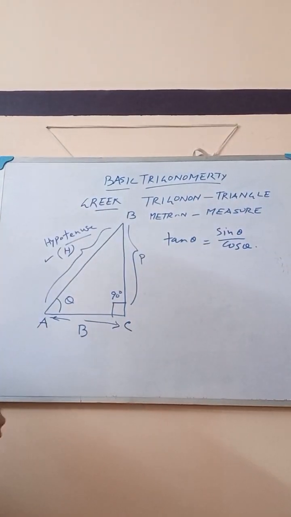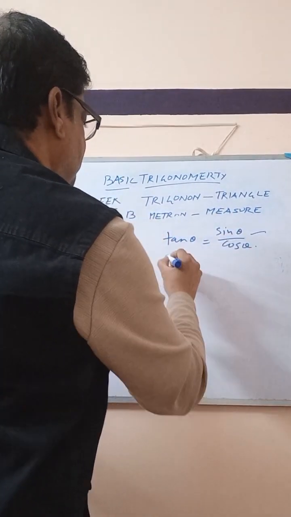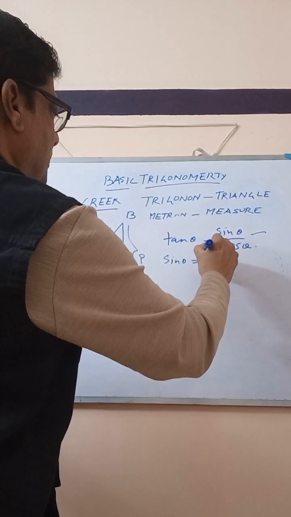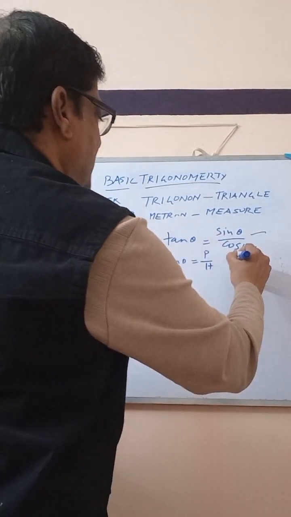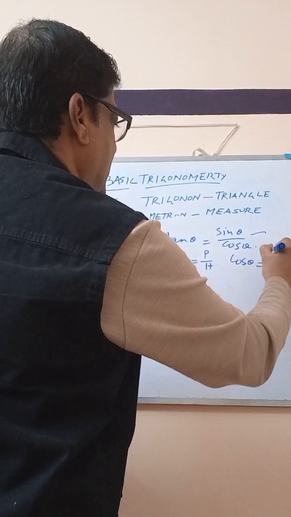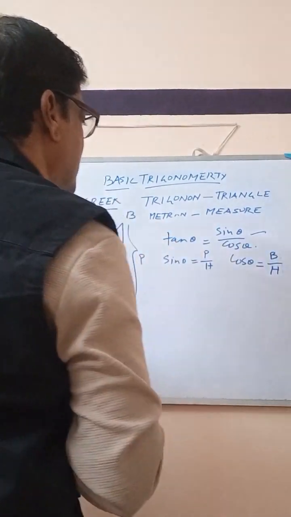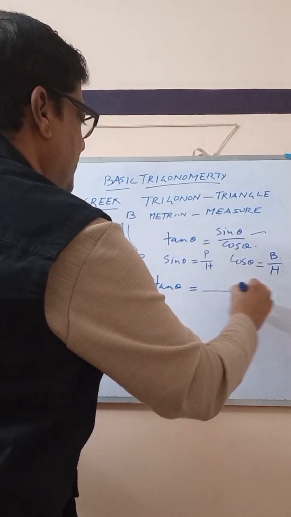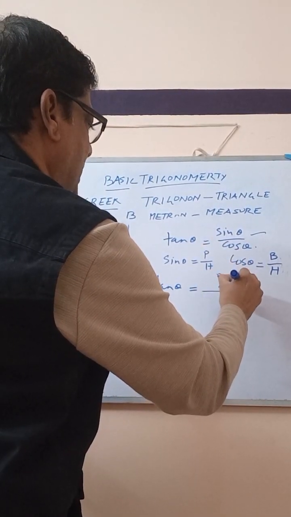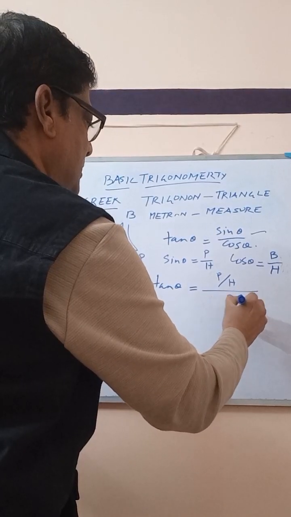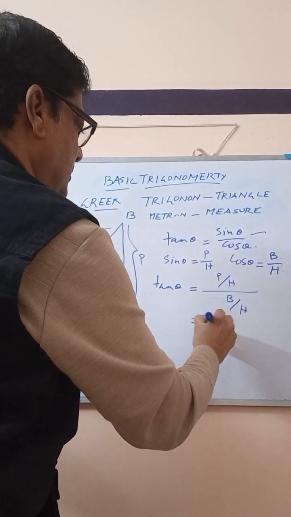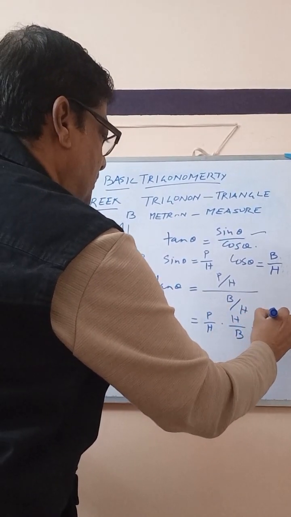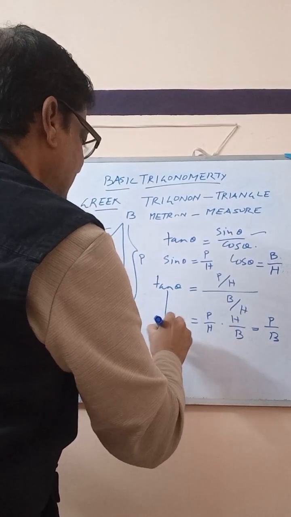Now let us see. What is sin theta? Some people have. And what is cos theta? Curly brown hair. So if I write tan theta on the left hand side, it will be sin theta over cos theta, that means P by H divided by B by H, that means P by H multiplied by H by B, that is basically P by B. And what is tan theta?